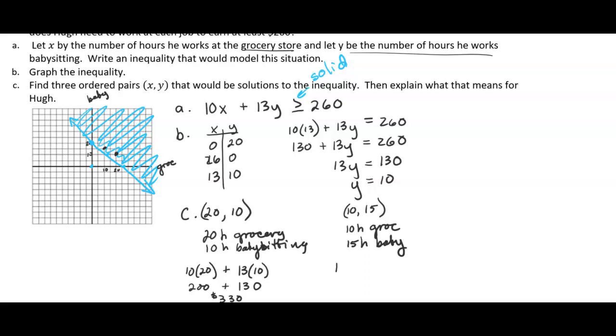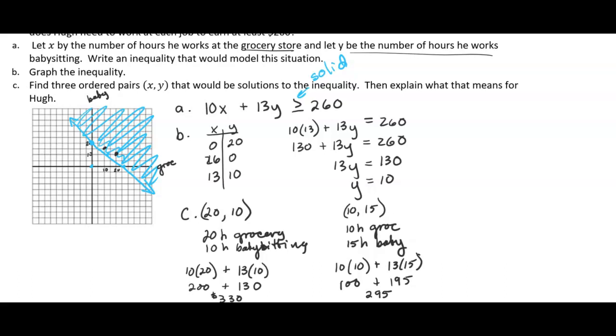And then he'd make 10 times 10, which is 100, plus 13 times 15, which is 195. So he'd make $295, and that would be enough money because he wants to make at least $260.